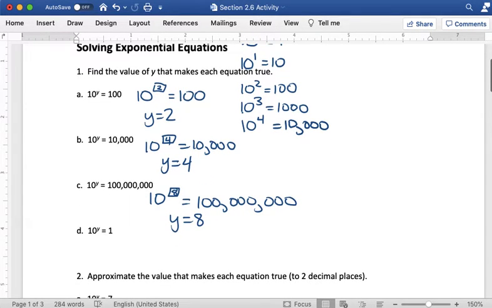You might also remember from an earlier algebra class that anything to the 0 power is equal to 1. So not just 10 as the base, but any number raised to the power of 0 is 1. So however I want to think about it, I get an answer of y equals 0.